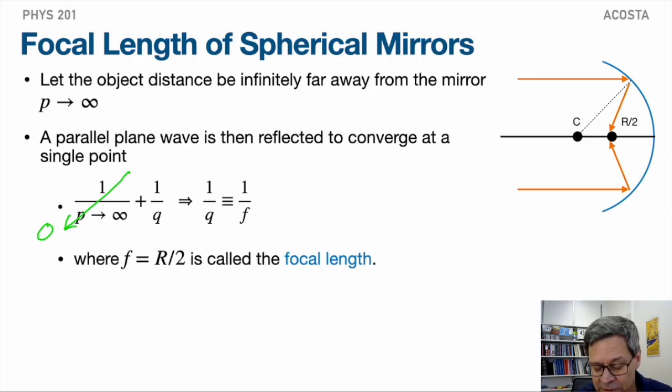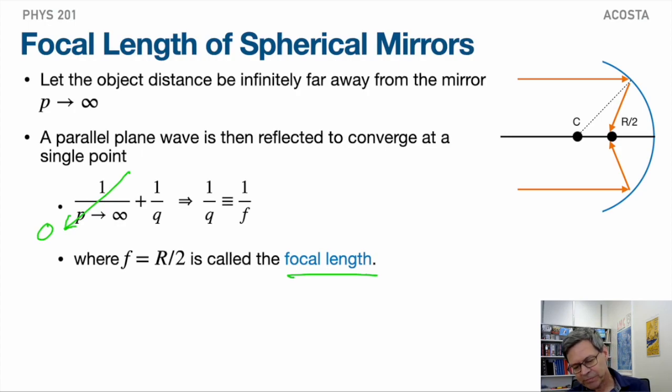So I've written it this way, that 1 over q plus 1 over p, and 1 over p went to 0, but 1 over q becomes 1 over f, which is r over 2, so this becomes 2 over r on the right side. And so that's what we're going to call the focal length of our spherical mirror.